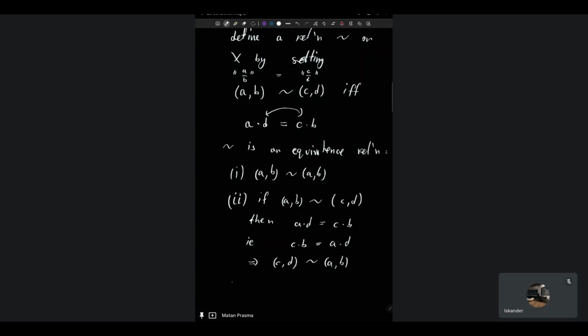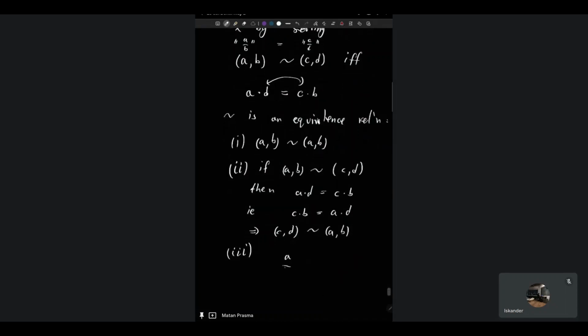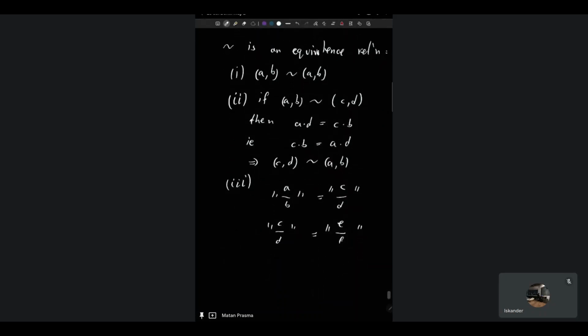And transitivity, let me just write it intuitively. If you know that AB is equal to CD, and you know that CD is equal to EF, then you manipulate the equations and you get that AB is equal to E over F. I leave the details to you as an exercise.